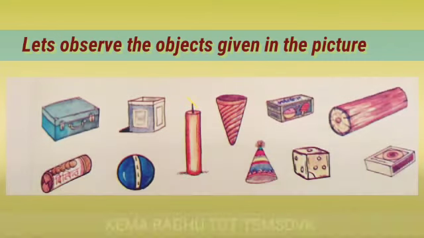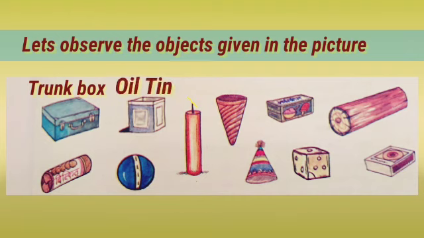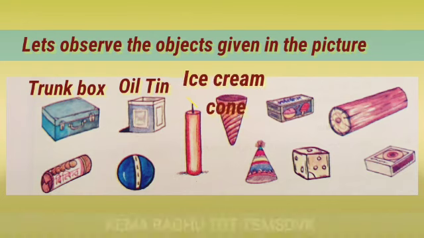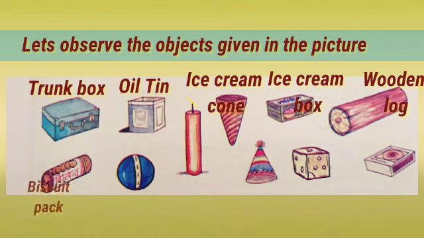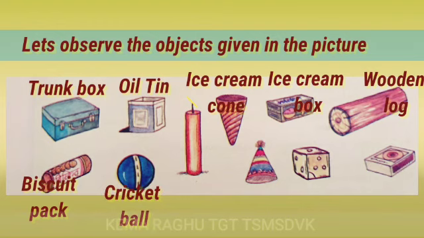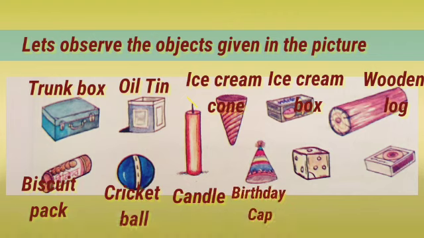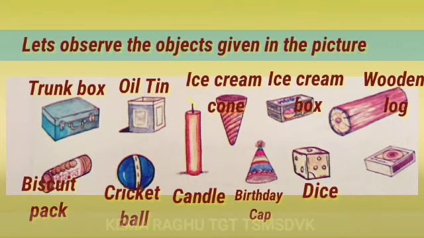You can see the trunk box and oil tin, ice cream cone and the ice cream box, wooden log and also biscuit packet and a bowl, candle, birthday party cap and a dice and a matchbox.